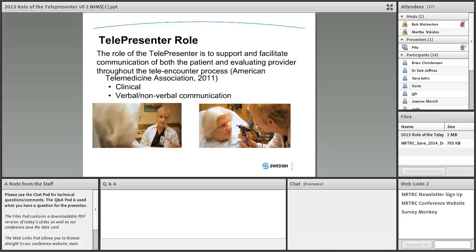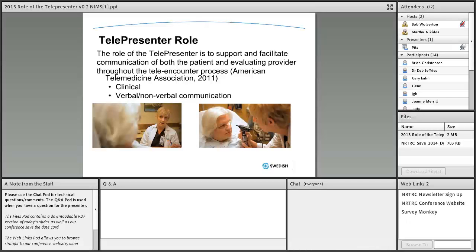So what are we really talking about here? It took me a while to wrap my brain around this, but the role really facilitates communication between the patient and the provider. And it's both the clinical communication, i.e. if I'm the nurse on the far end and I have a neurologist asking me to test the cranial nerves, I need to be able to test the cranial nerves with the patient, all the while making sure that the physician is receiving that information on their end.